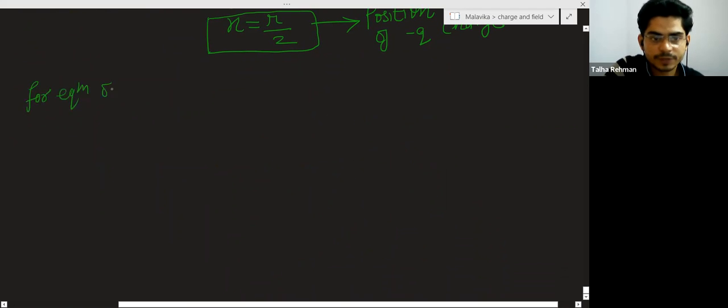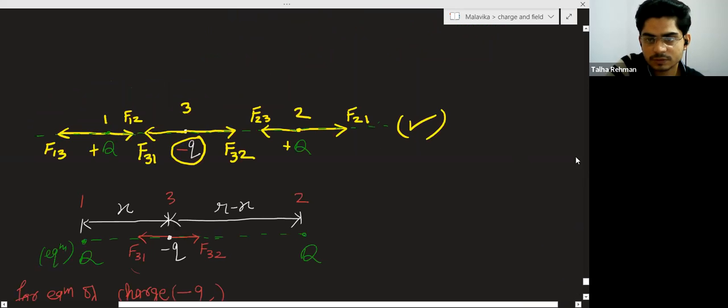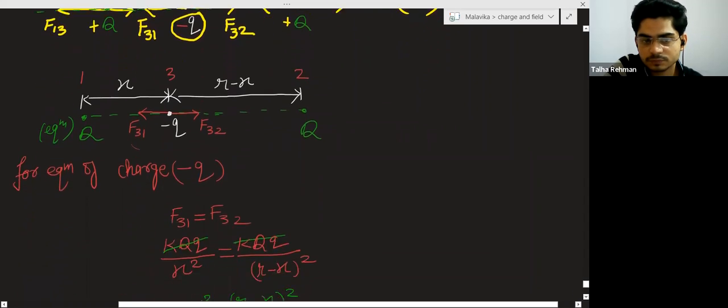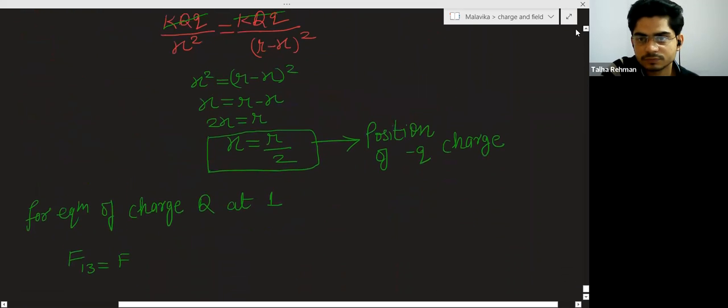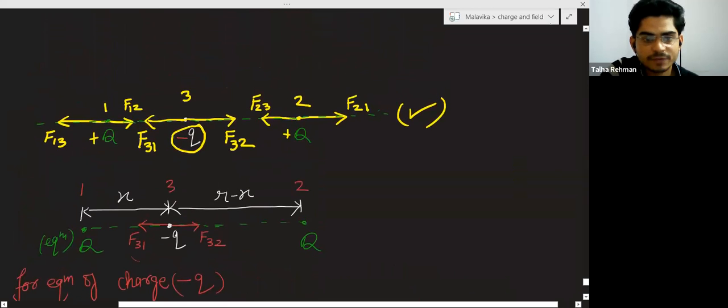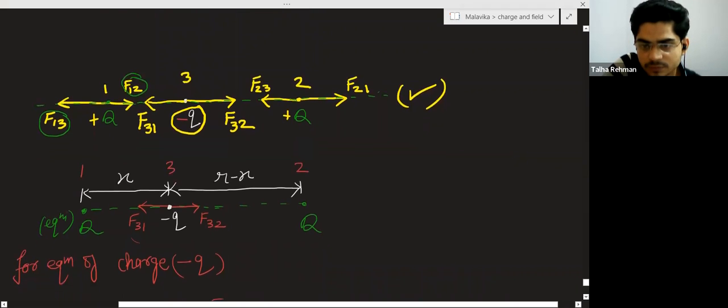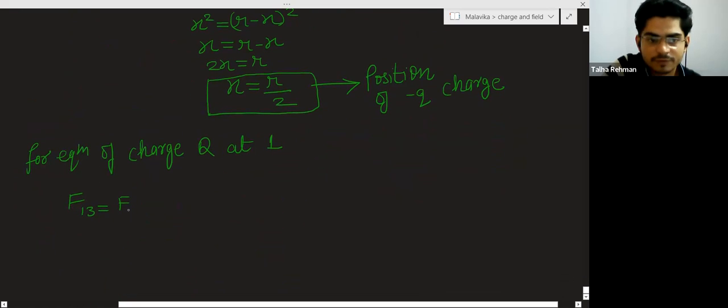For equilibrium of charge Q at 1, F13 is equal to F12.